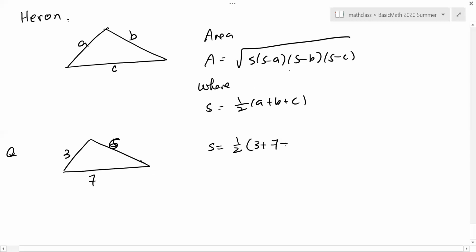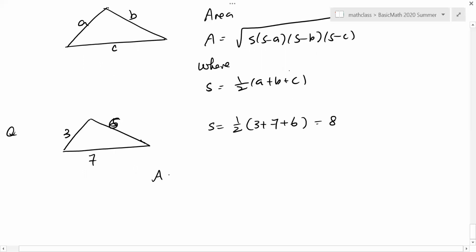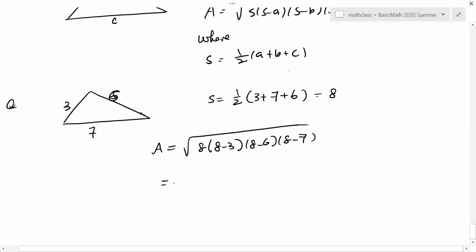First of all, you calculate the perimeter for this problem: 3 plus 7 plus 6 is 16, so s is 8. Then according to Heron's formula, it's 8 times 8 minus 3, 8 minus 6, 8 minus 7. You multiply this out: 8 times 5 times 2 times 1.